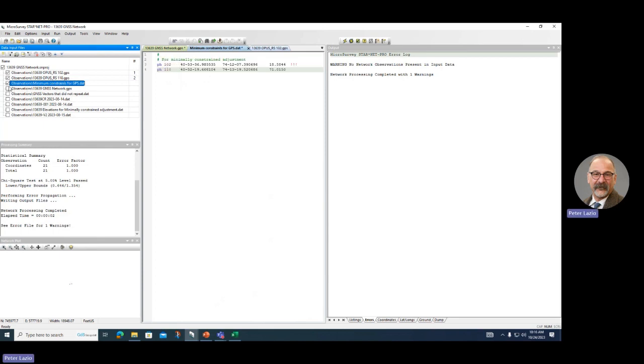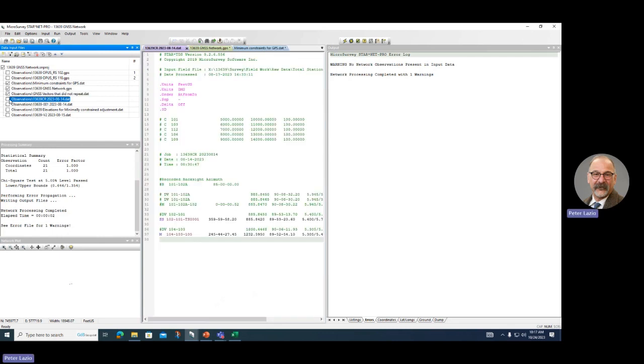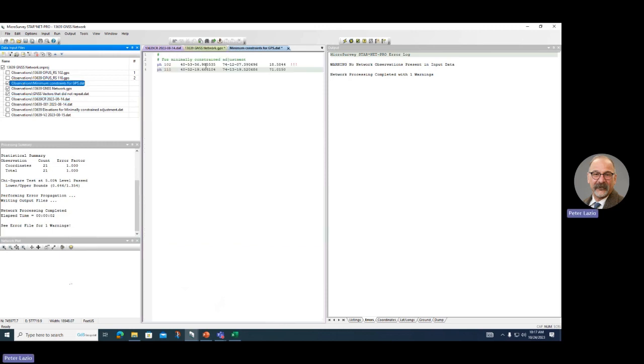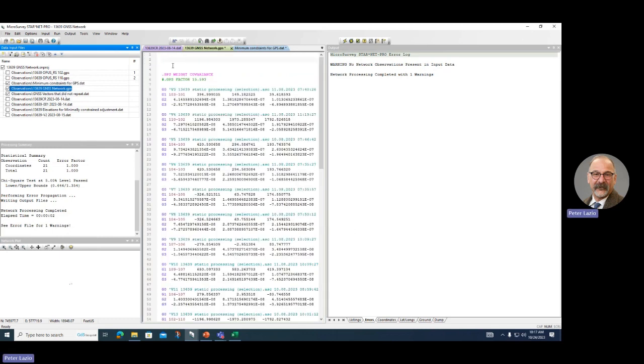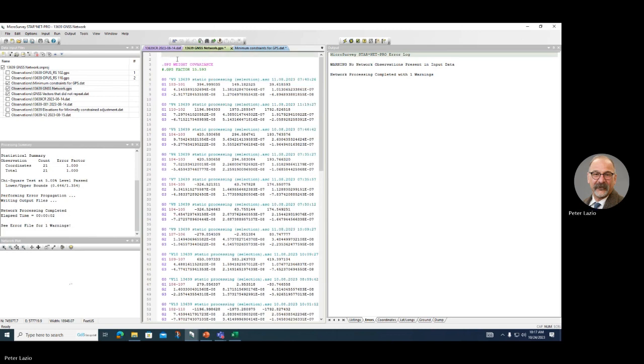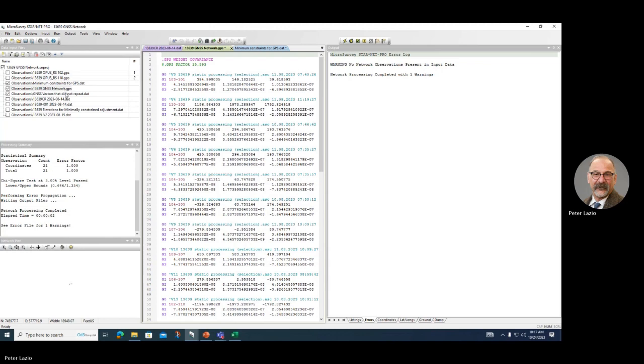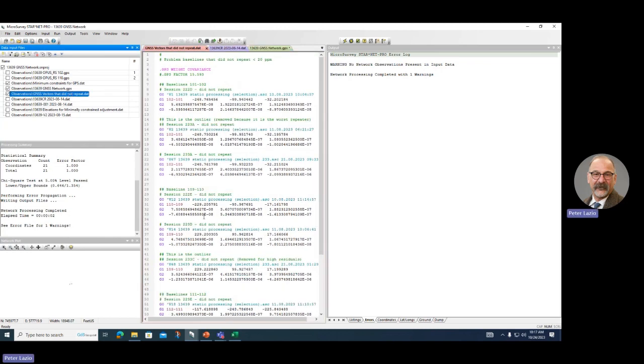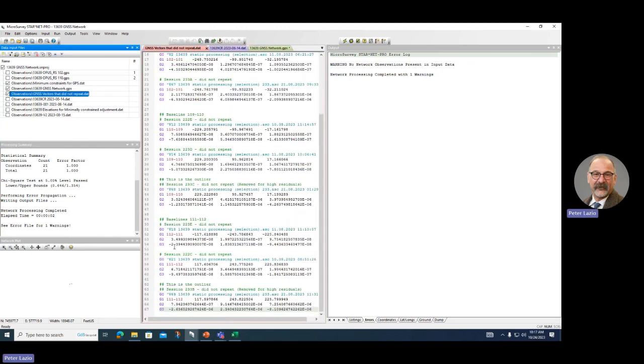So those are my minimum constraints for just the GPS, when I'm doing a minimally constrained adjustment of my GPS vectors. Like conventional. But now, once again, it doesn't matter which constraint I use, my GPS. And these are the ones that didn't repeat, so they get special attention.